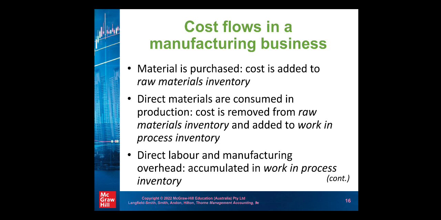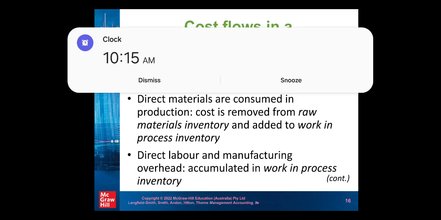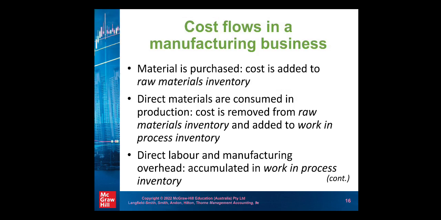And see the second point there. Direct material are consumed in the production. So the second thing that will happen if you have a manufacturing business is you will use the material to produce your product. So when your business use the raw material to produce a product or to make a product, then see the second point there, cost is removed from the raw material inventory and added to work in process inventory.